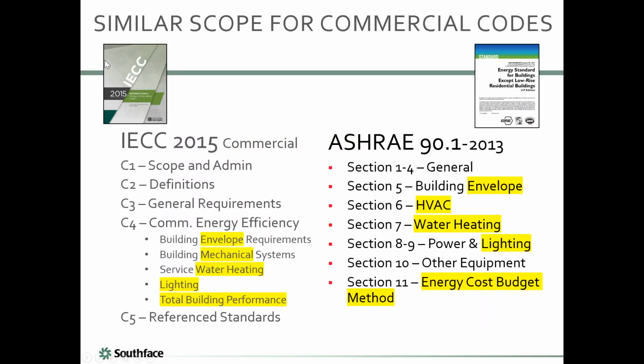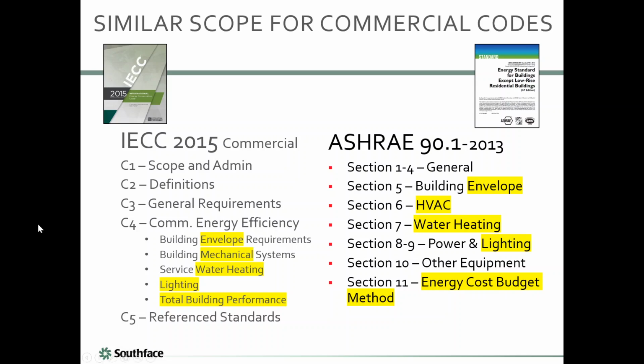Both of these codes allow that as an option. It's called total building performance under the IECC. Its probably better known cousin over here in the ASHRAE world is called the energy cost budget approach. In my experience, I have never seen a project use the total building performance, but I know many projects, particularly those pursuing LEED, are quite often following the rules of the energy cost budget method.